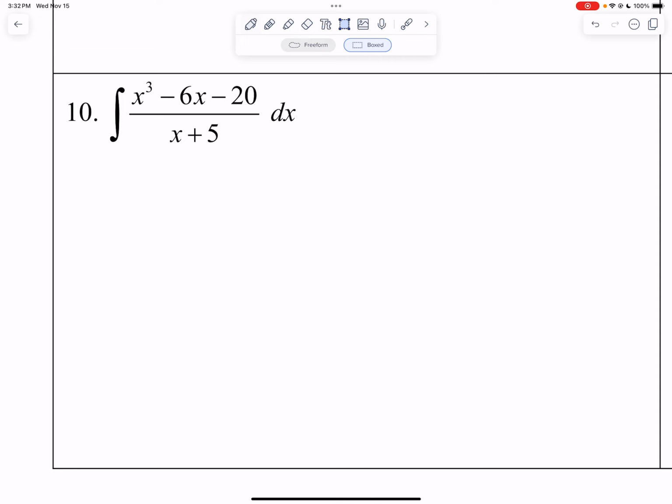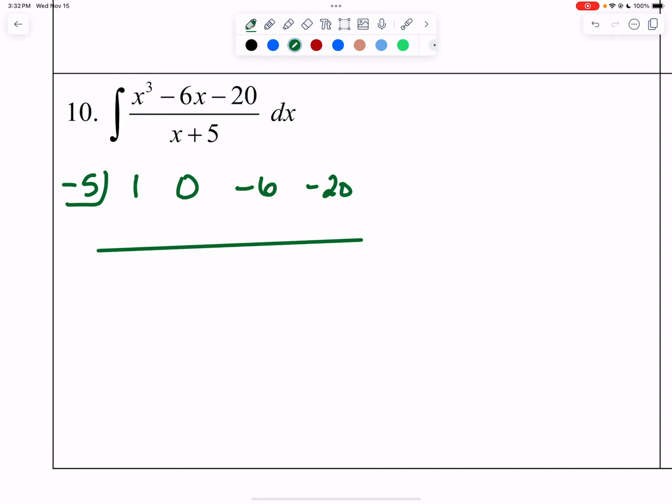But like I said at the very beginning of the video, we are going to be using long division or synthetic division, whatever you prefer. Here, I am going to be using synthetic division because I'm dividing by a linear factor, x plus 5.